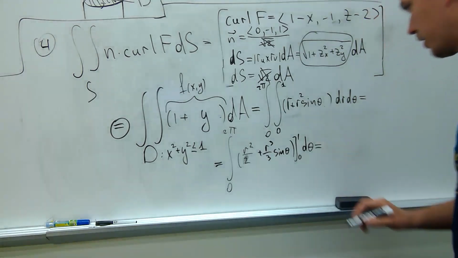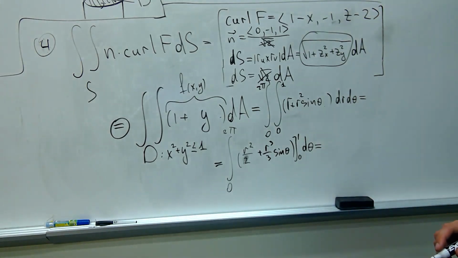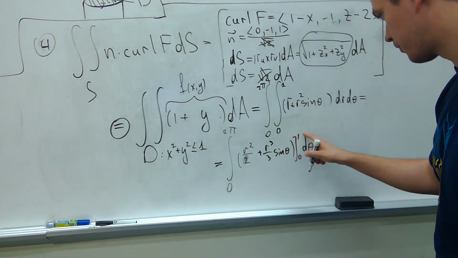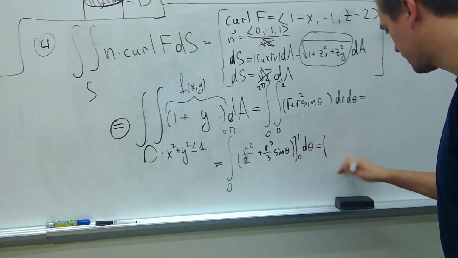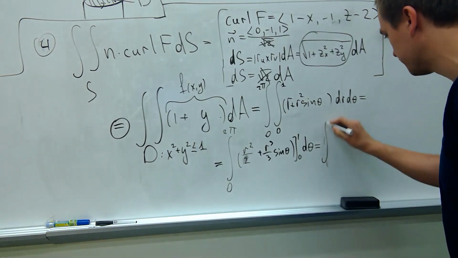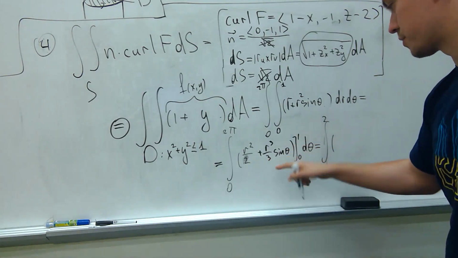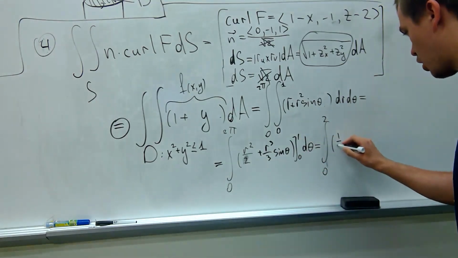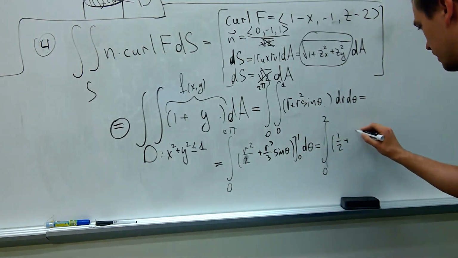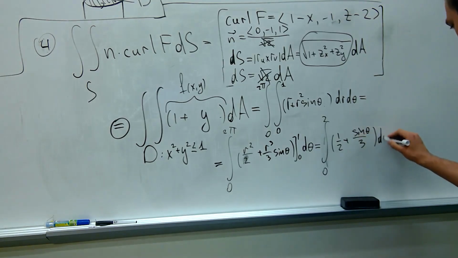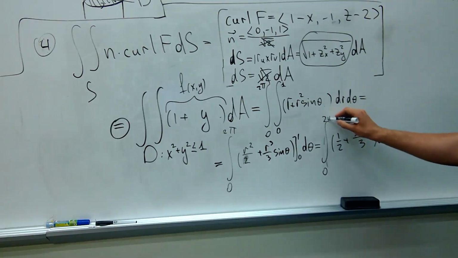So over here I will get, for this thing from 1 to 0, the integral from 0 to 2 pi. When r is 0, these two terms are going to be 0. When r is 1, I will have 1/2 plus sine theta over 3 d theta. This is from 0 to 2 pi.